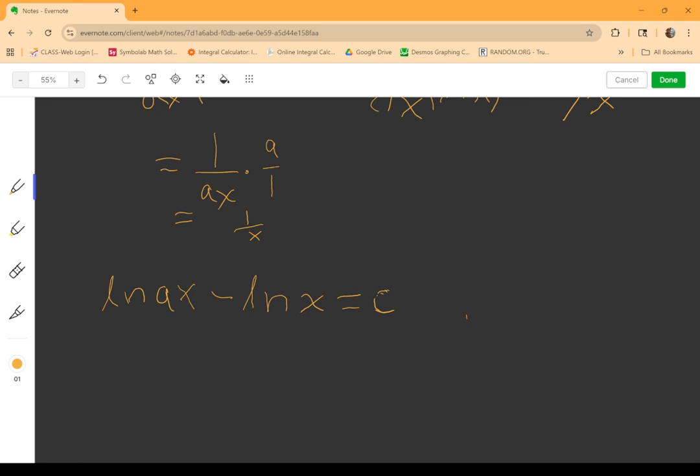So I want to actually solve for this constant. I can do that by letting x equal 1. If I let x equal 1, then we get ln of a minus ln of 1.